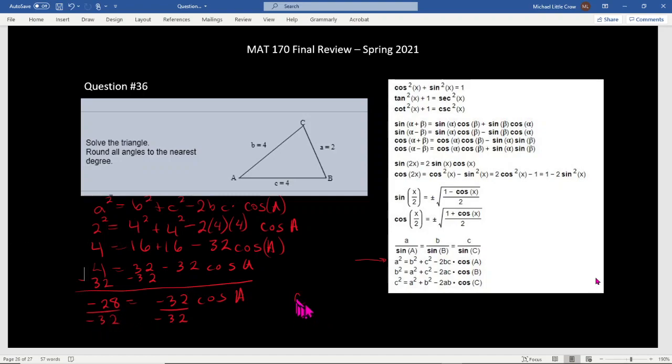And we get that cosine of A is equal to 28/32. We're going to plug this in anyway, right? So I'm not going to worry. I don't want to get decimals and all that kind of stuff. Whatever it ends up being, we're going to take the inverse cosine. So A is equal to the inverse cosine of 28/32.